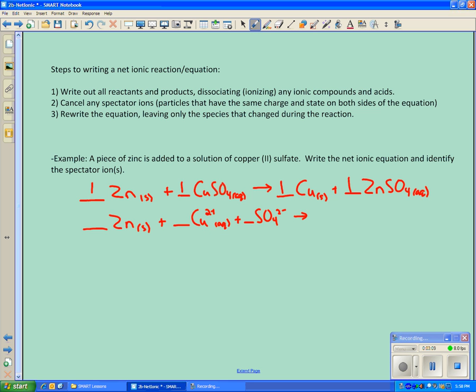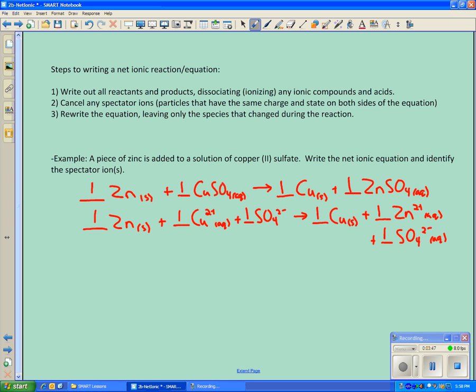And on the product side, we have solid copper, that stays the same, a zinc 2 ion, and a sulfate ion. So the 1 zinc and 1 copper ion and 1 sulfate ion on the reactant side, and on the product side, we have 1 copper, 1 zinc ion, and 1 sulfate ion.